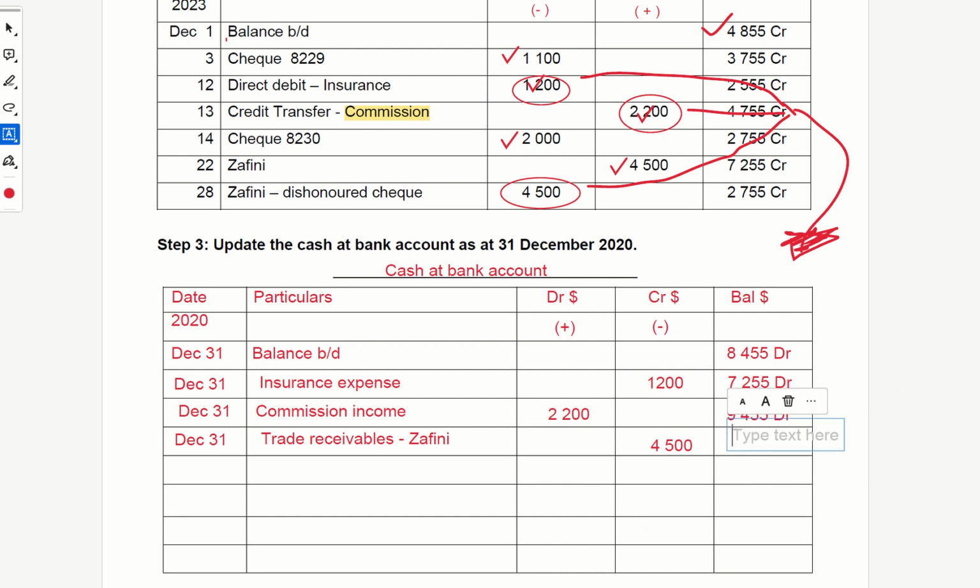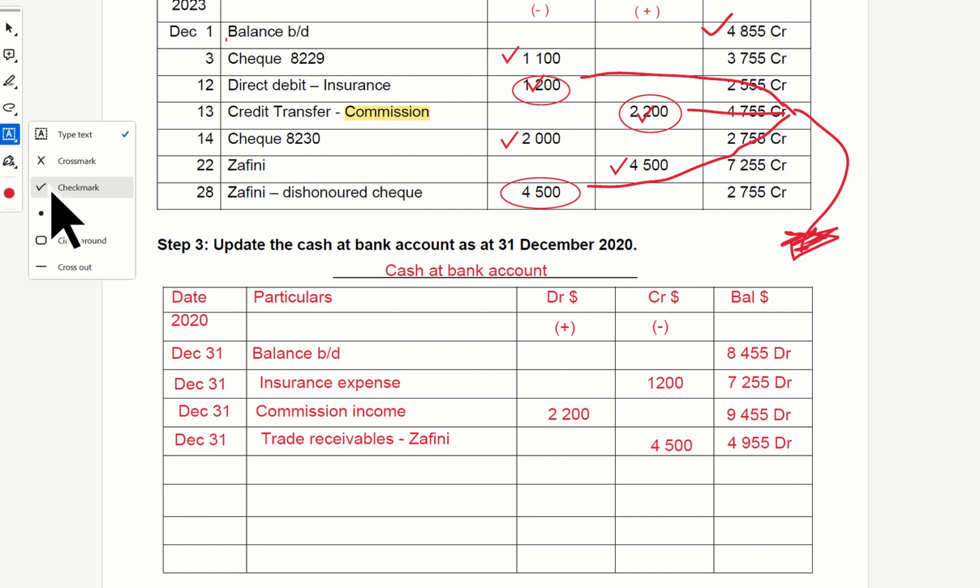Then I calculate the balance column: 9,455 debit minus 4,500 gives me a cash at bank balance of 4,955.